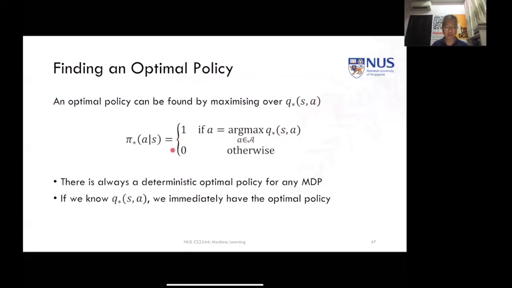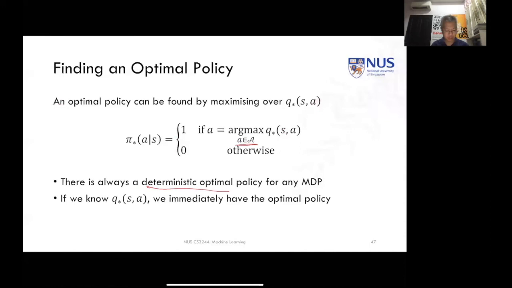So this is going to end up being a deterministic optimal policy, in the case where we don't have any actions that lead to the same maximal value. If we have multiple actions that lead to the same maximal value, then we could take any of those actions with equal probability.